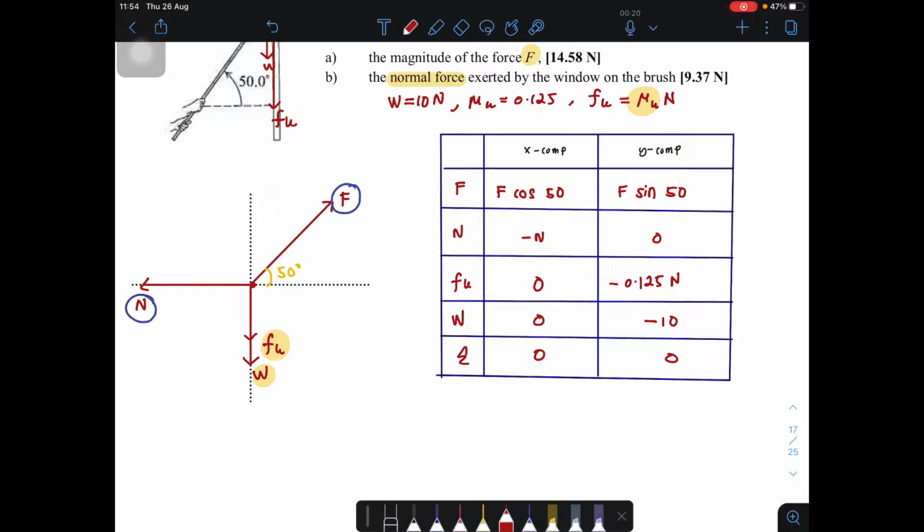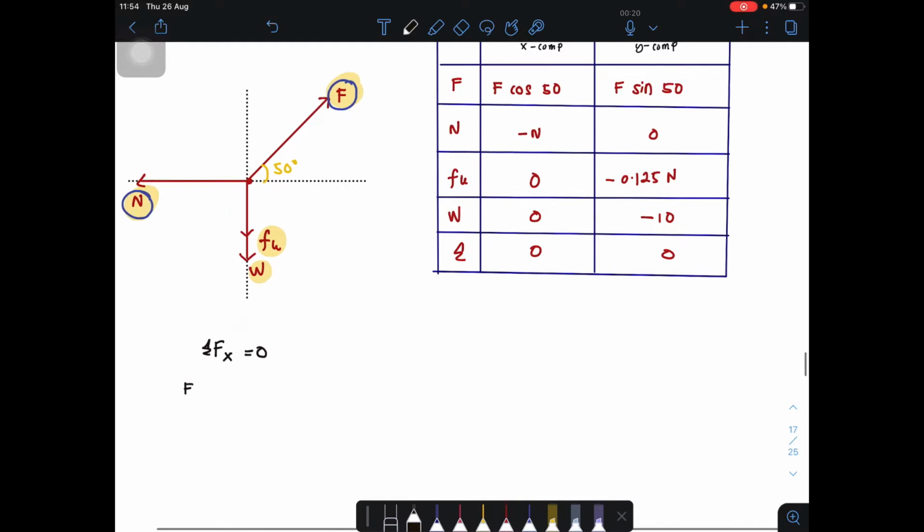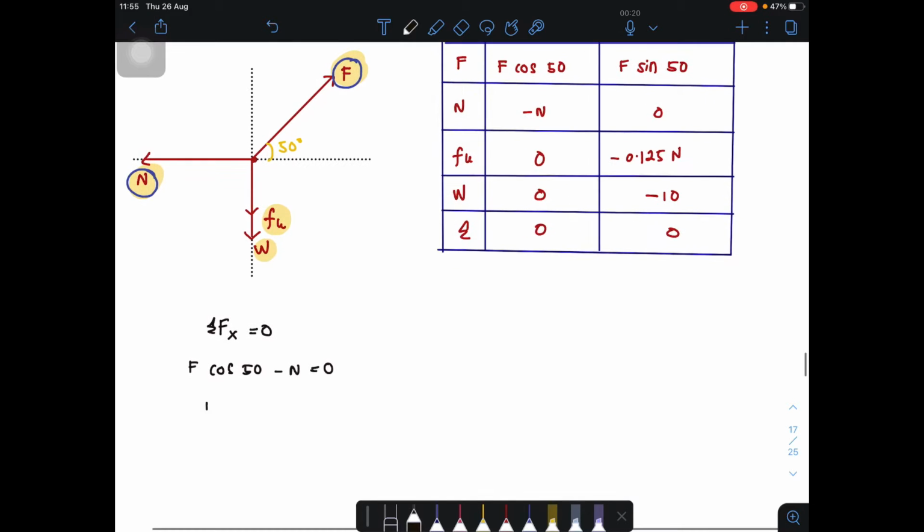So what we want to find here is 2 unknown. Okay, 2 unknown meaning that 2 equation. So keluarkan equation macam biasa. F cos 50 minus N equal to 0.